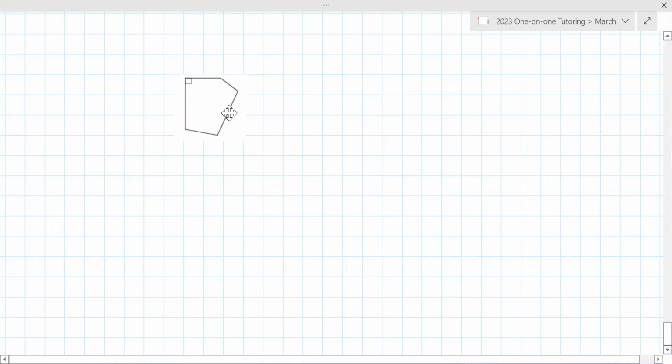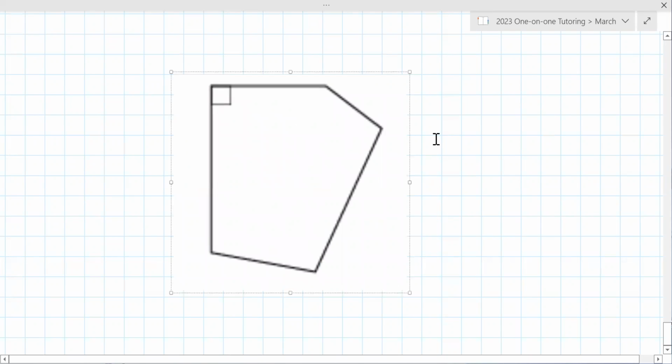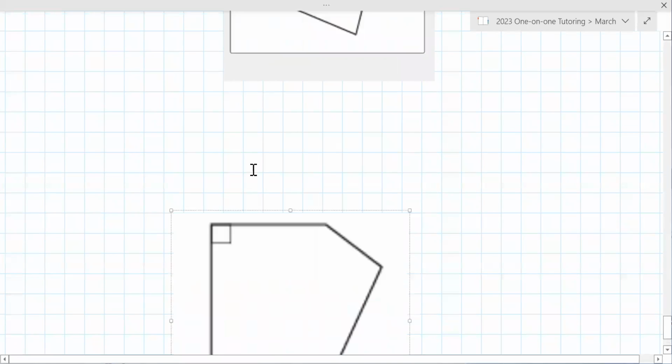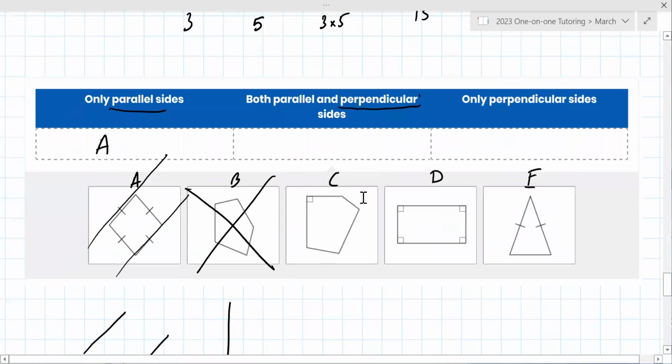I'm going to snip it in again. I didn't realize I grabbed the border. There are no parallel lines. How about perpendicular? Do you see any 90-degree angles? Yeah, one right up there. So this one right here is perpendicular, only perpendicular sides. Okay. Now, when you do this on your own, I think you have to drag it in there. See, you're gonna have to drag in there.